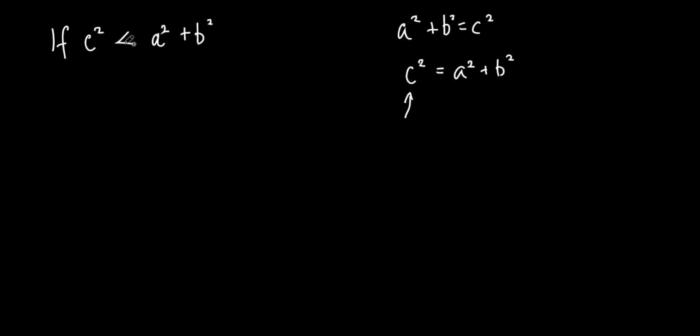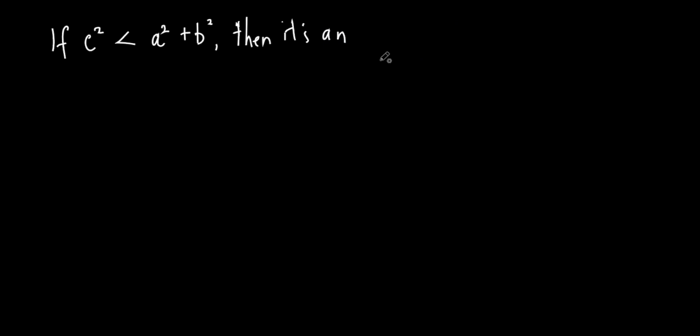If the c squared is less than the a squared plus the b squared, then it's an acute triangle. All right? So look, this is not an equals, is it? If I take that c squared, and if that c squared is less than the two shorter, see, this is the longest one. Remember that.